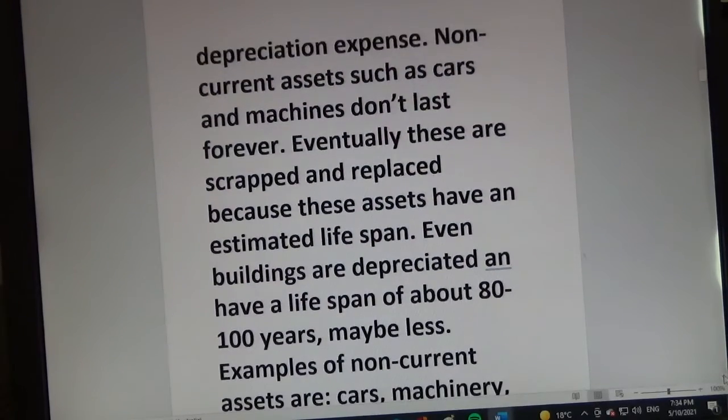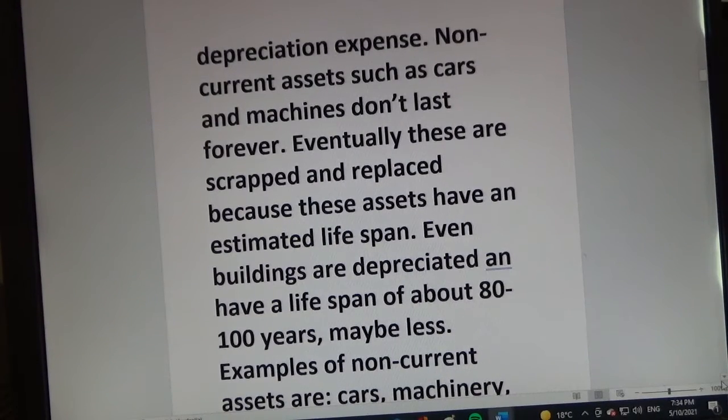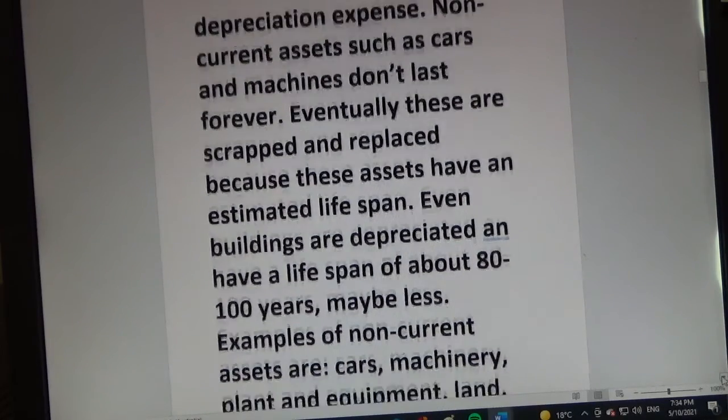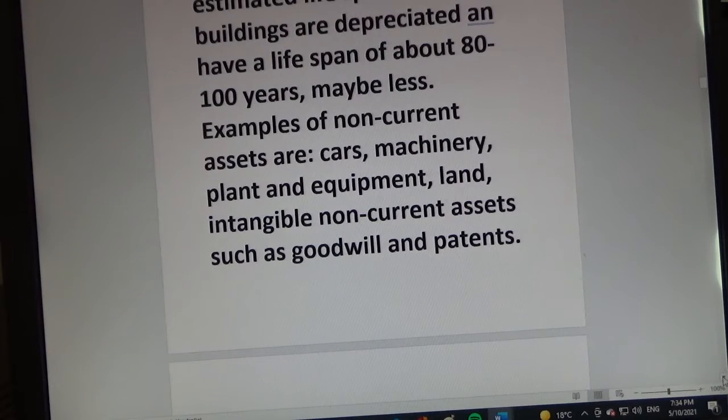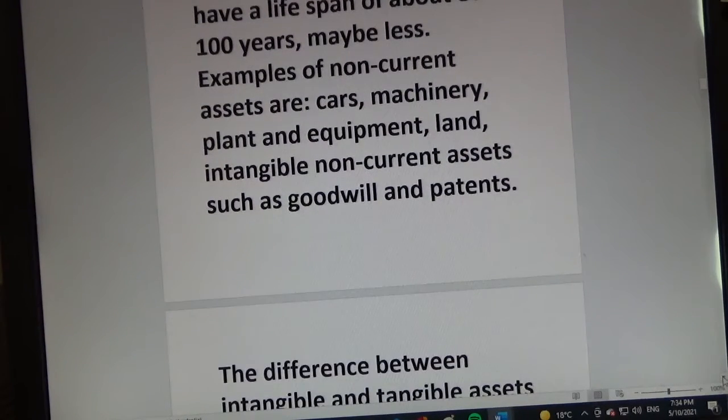But non-current assets such as cars and machines don't last forever. Eventually these are scrapped and must be replaced because these assets have an estimated lifespan. Even buildings are depreciated with a lifespan of approximately 80 to 100 years, maybe less.